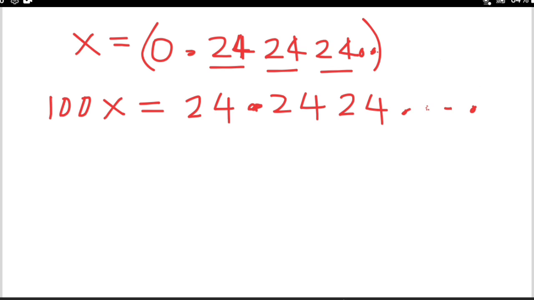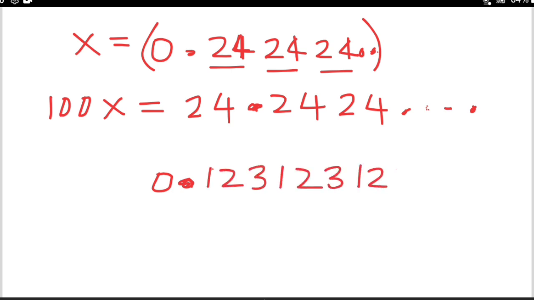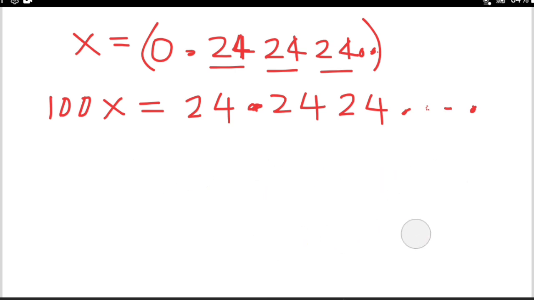Suppose you have a 3-digit repeating number, just like 0.123. Here you have to multiply with 1000, because there are 3 digits, so you write 3 zeros. Here in our question we have only 2 digits repeating, that's why we multiply by 100.